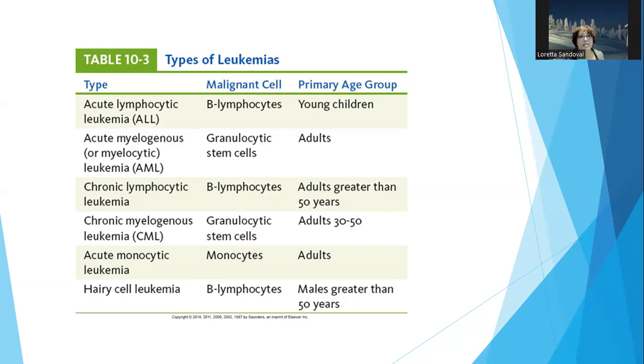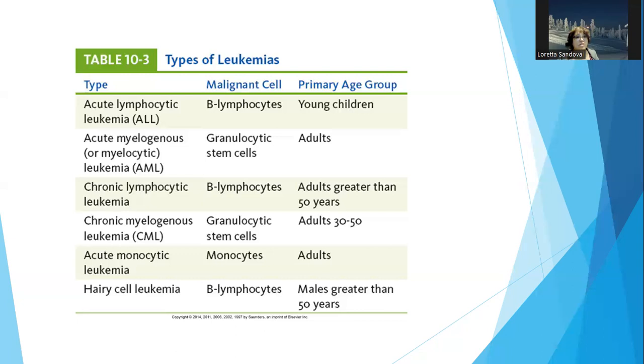So the one that is the primary age group, it was mostly adults, except for young children with acute lymphocytic leukemia. The B lymphocytes are affected, so naturally it affects the immune system. It does respond really well to treatment, so yay. That's ALL, acute lymphocytic leukemia.